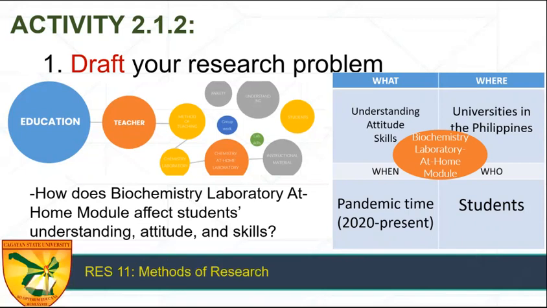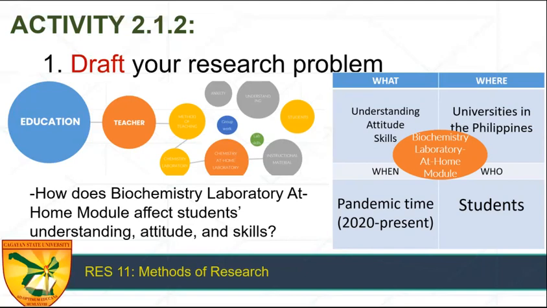For my previous example last time in education, this is my working research topic: How does biochemistry laboratory at home module affect understanding, attitude, and skills? I wanted to convert it into a research problem, so I use these 5Ws. My topic is on the biochemistry laboratory at home module.